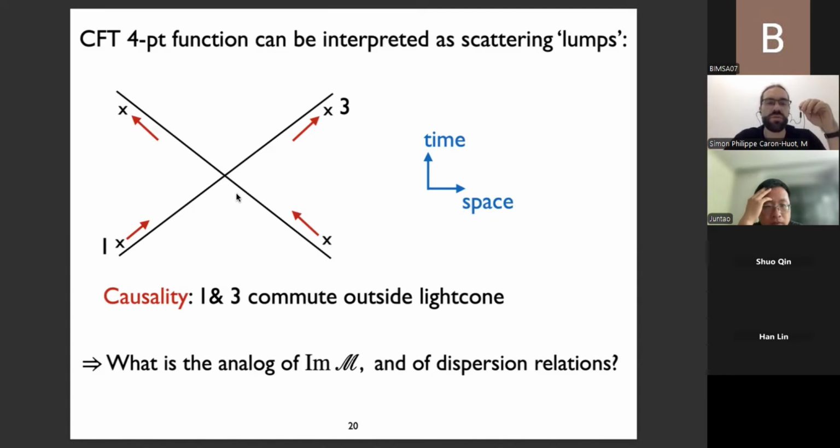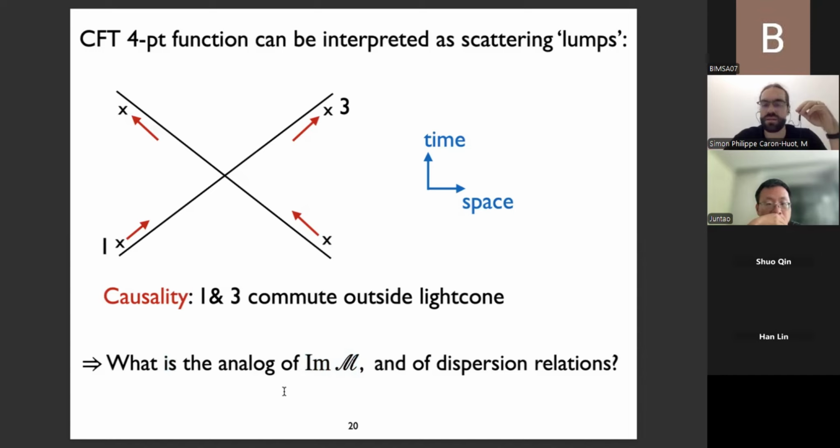But it should still be true that what you measure at point 3 is only affected by point 1 in its past. So it should not go faster than light from 1 to 3. So you expect some kind of dispersion relation also in conformal field theory. But to construct it, we have to find the analog of the imaginary part of the amplitude and of the dispersion relation.